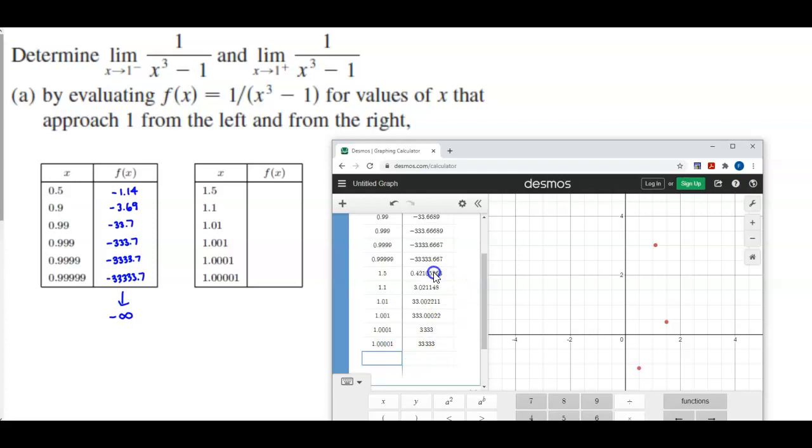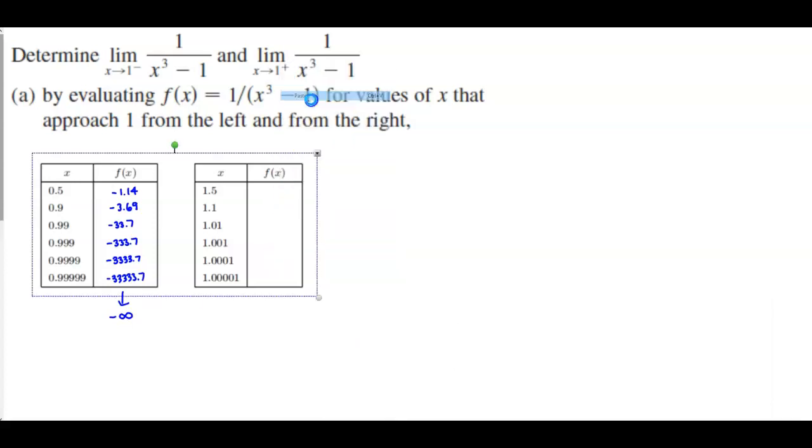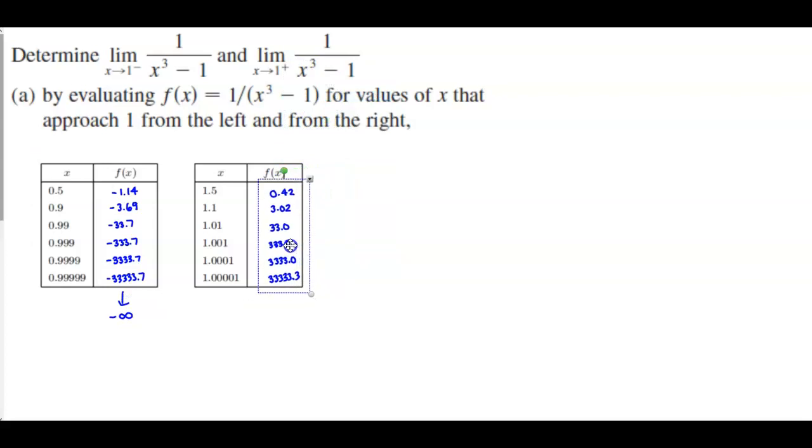Okay, so we can see what's happening with these values from 0.42 to 33,333. So let's go ahead and put those values in here. So those are the values here. So you can see here that this is actually approaching positive infinity. So the limit as x is approaching 1 from the left is approaching negative infinity. The limit as x is approaching 1 from the right is approaching positive infinity.